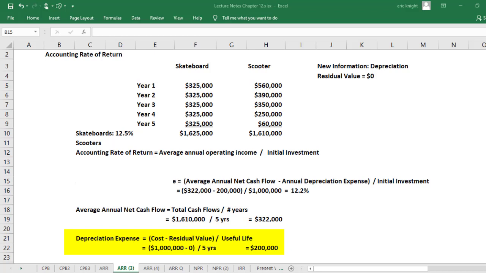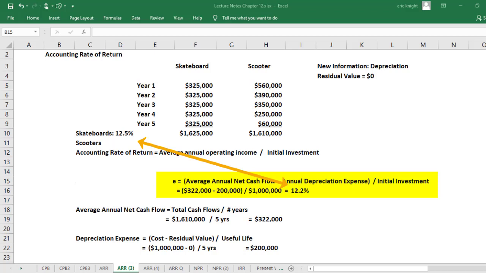Divide by 5, we get $200,000, so that didn't change, and then the initial investment didn't change. We compare the skateboards accounting rate of return of 12.5% to the scooters at 12.2%, and we see that the skateboards are slightly leading. The larger the accounting rate of return, the better.